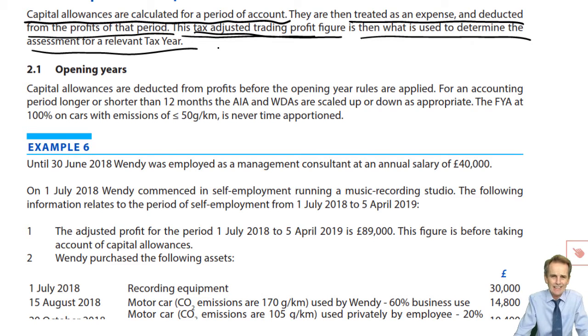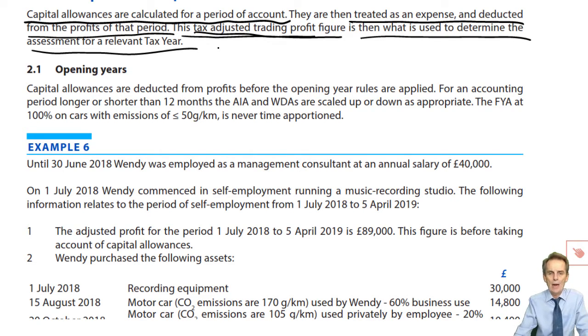We can choose whatever date we like. We could go to the next 30th of June, from the 1st of January to the 30th of June, which would be only 6 months. We could go to the 30th of September, 9 months. We could go through to the following 31st of March, which would be a 15-month period that we're preparing the accounts for.